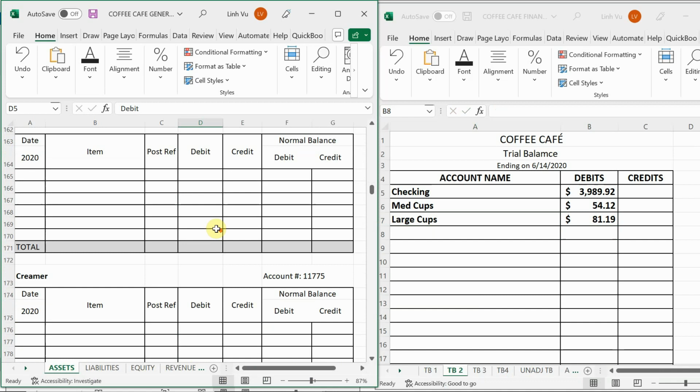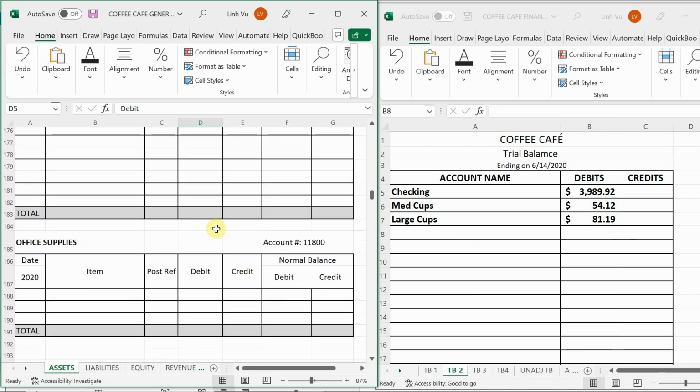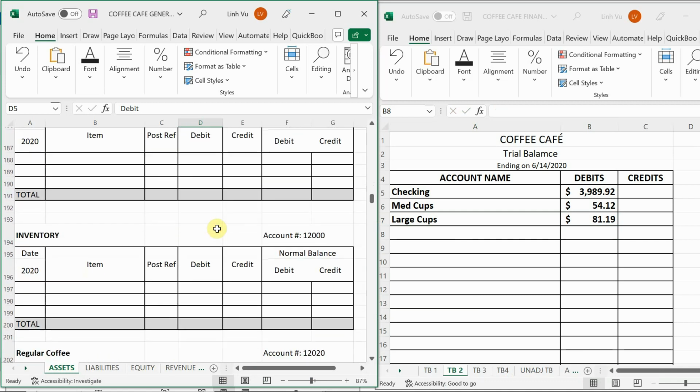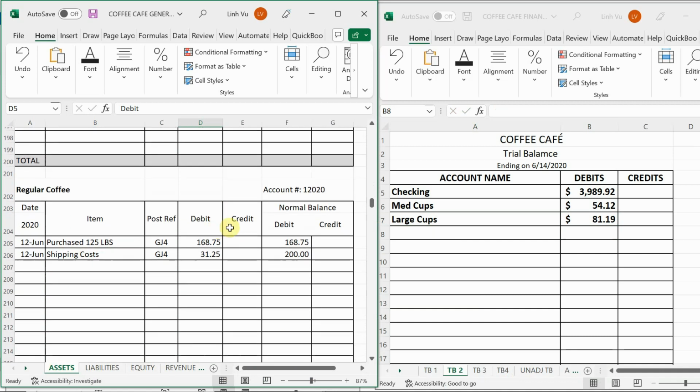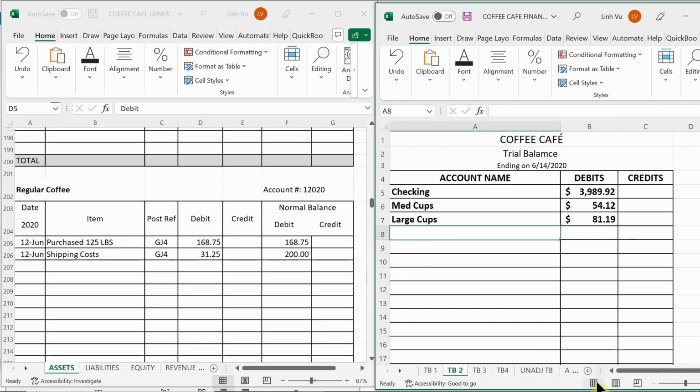Haven't bought sugar or creamer yet, or any office supplies. But for inventory, yes, we did purchase inventory. We purchased some regular coffee. We haven't sold any of it yet because we haven't opened our store and we haven't used any of it. So here we got regular coffee for $200 on the debit side.